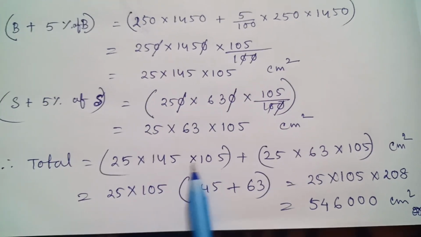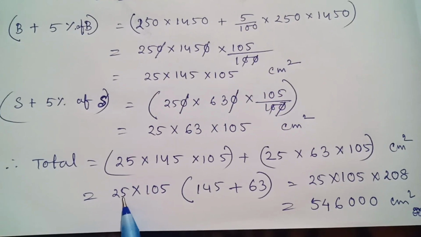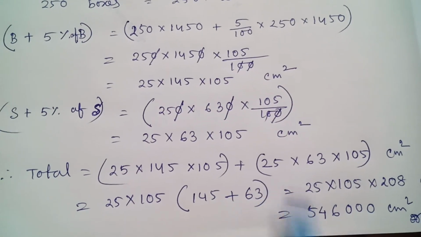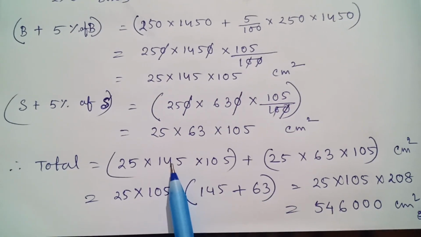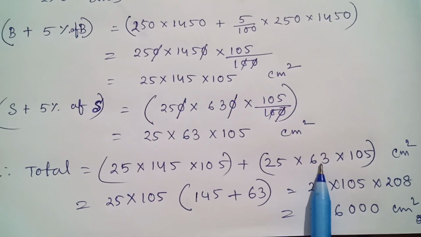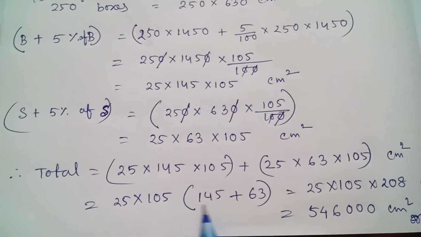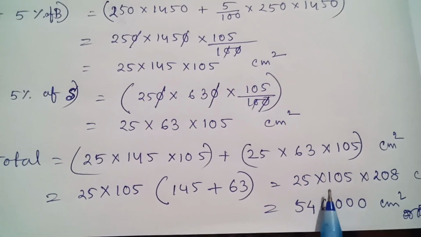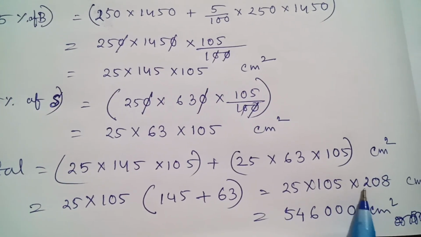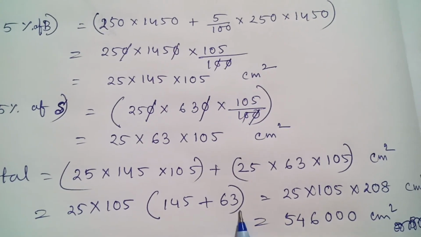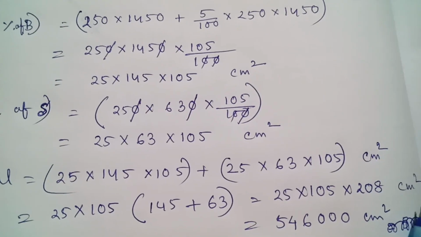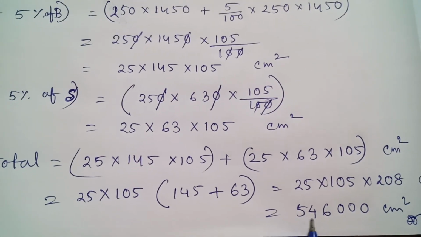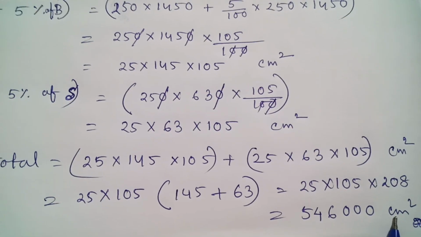That means from these two we can take 25 into 105 common because they are in both the terms. So what is left in the first term? 145, and 63 is left in the second term. So this one. Then we are getting this 25 into 105 into 208 centimeter square, that is equals to 5,46,000 centimeter square.